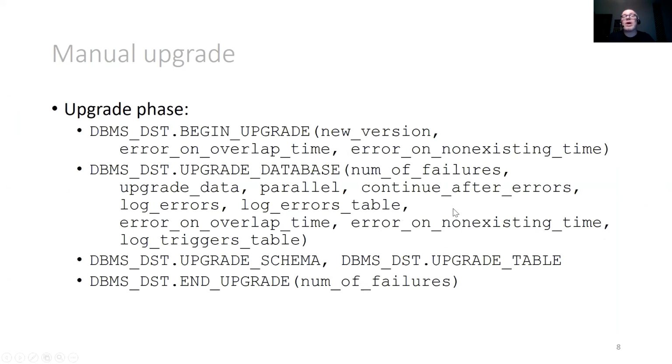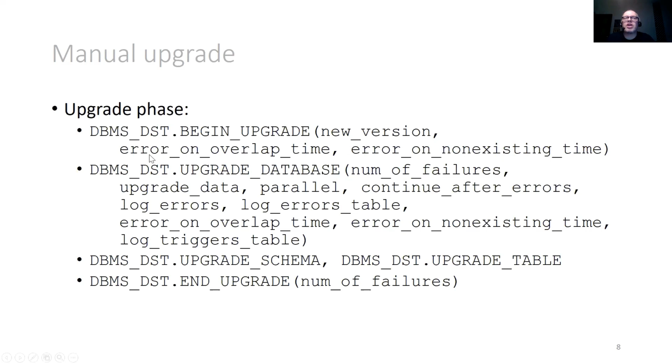Then once you know what is in your database and you decided what to do with errors, if you have logged them, then you can run the actual upgrade phase manually. You specify the new versions again to which you want to upgrade, and you can specify whether you actually want these errors for the overlap time and non-existing time, so 1878 and 1883, to be a problem, right?